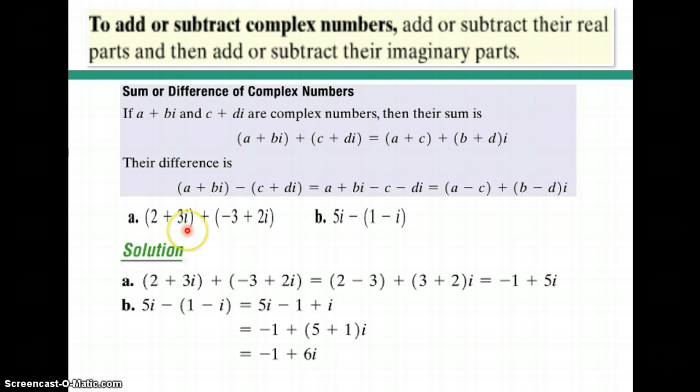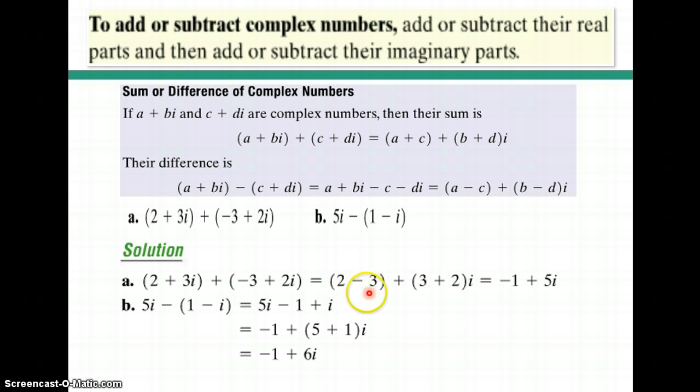2 plus 3i plus minus 3 plus 2i. Here the real parts are 2 and minus 3. So 2 minus 3, plus the imaginary parts 3i and 2i, so we have 3 plus 2 times i.